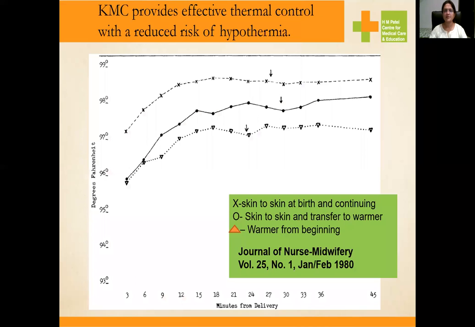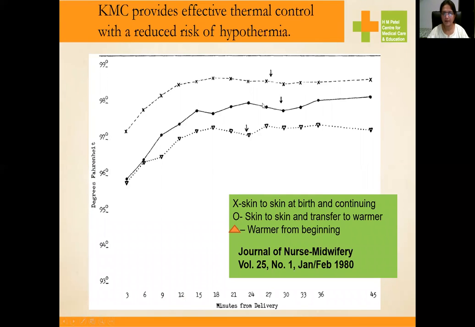The second advantage is that KMC provides effective thermal control with a reduced risk of hypothermia. In this study, as you can see, the cross suggests skin-to-skin contact at birth and continuous skin-to-skin contact. The circle suggests skin-to-skin contact and transfer to the warmer, and the triangle suggests the warmer is given from the beginning.